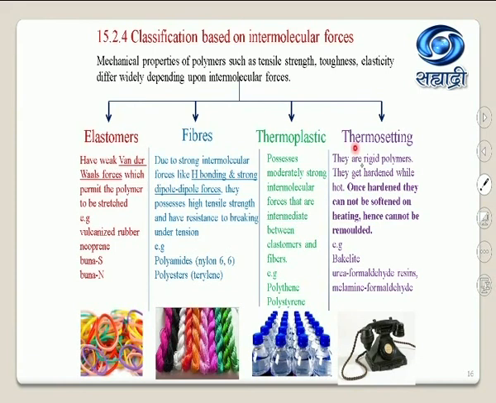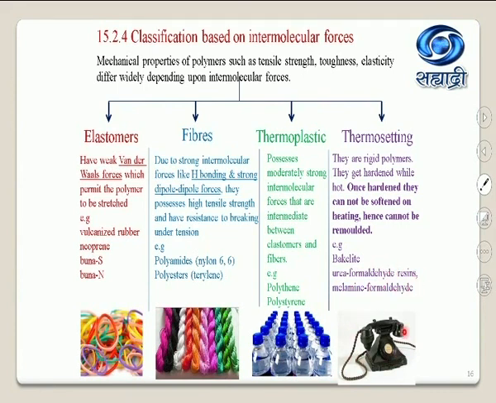Now last is thermosetting polymer. They are rigid polymers and they get hardened while hot. Once hardened, they cannot be softened on heating, hence they cannot be remolded. The best examples are bakelite, urea formaldehyde resins, melamine formaldehyde.